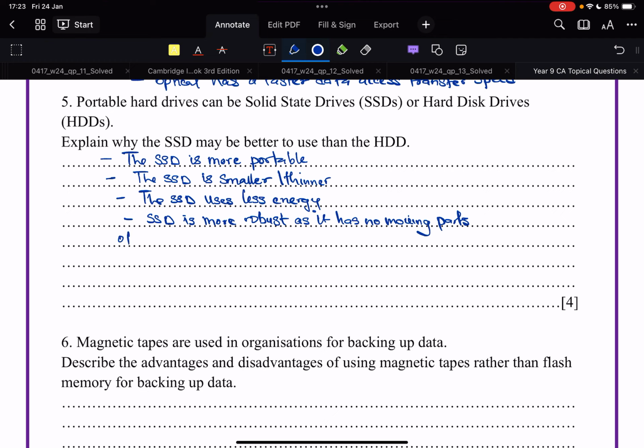If you want to add something for just one order, I will say the data transfer rate in the SSD is better.